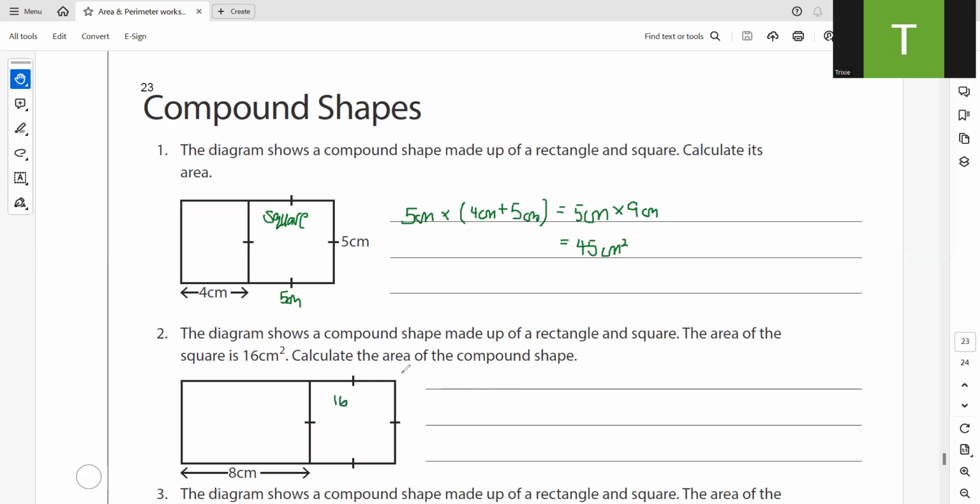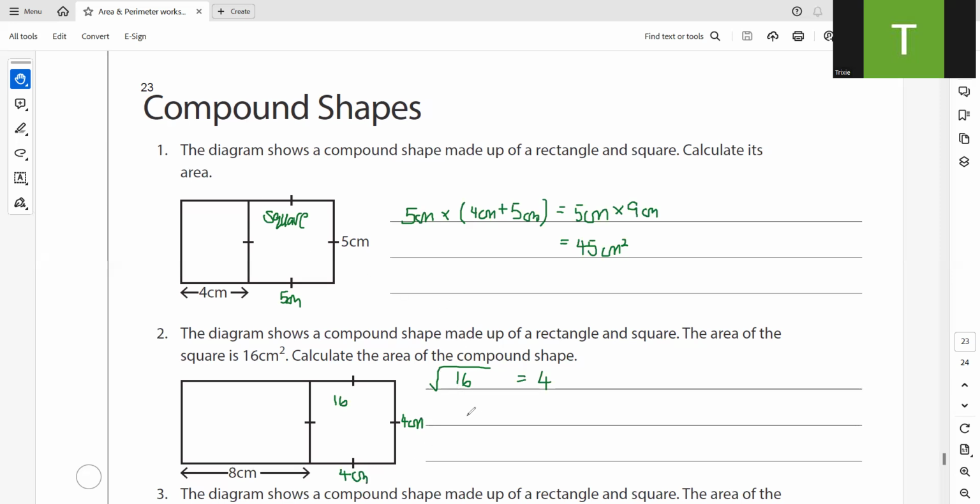That means a number times itself gives 16, which you need to find by using the square root. The square root of 16 is 4, because 4 times 4 is 16. So the height and the length of this square is 4 cm.